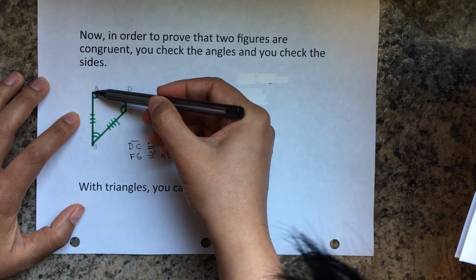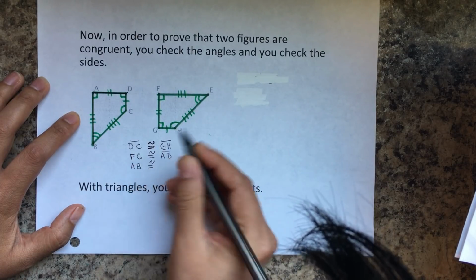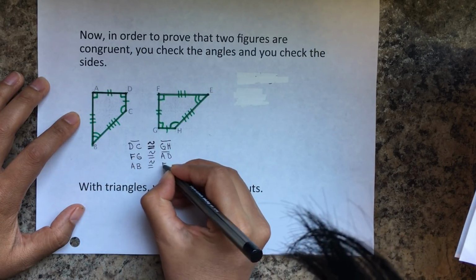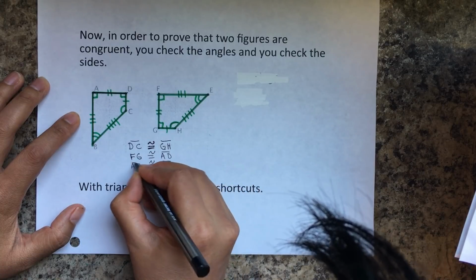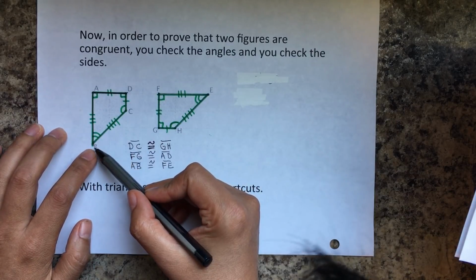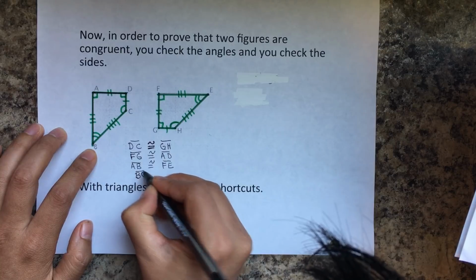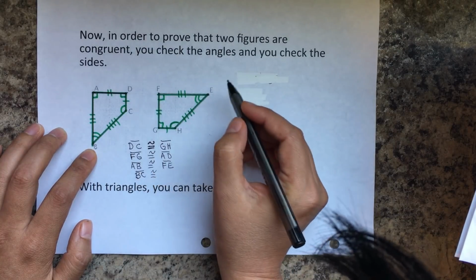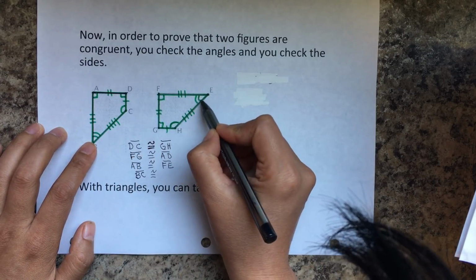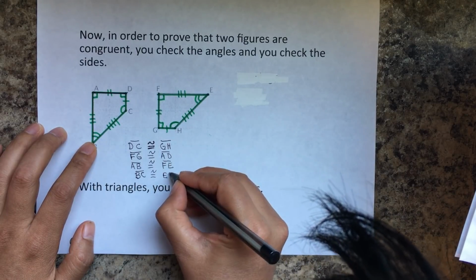We also know that AB is congruent to, since I started in here, FE. And finally, we know that BC is congruent to, since I started in the corner with two markings, then I'm going to start with the corner with two markings in here, so EH.